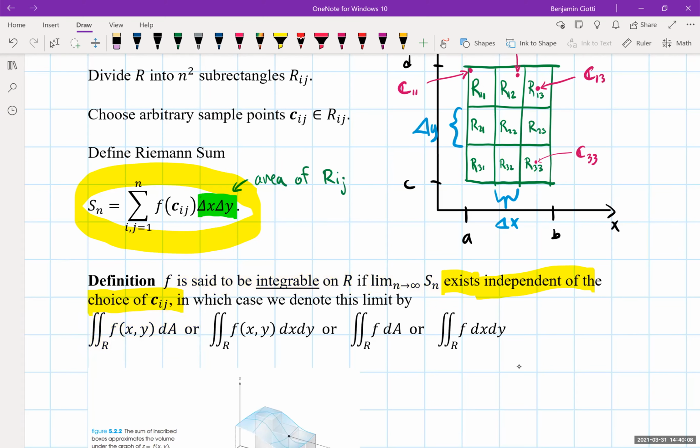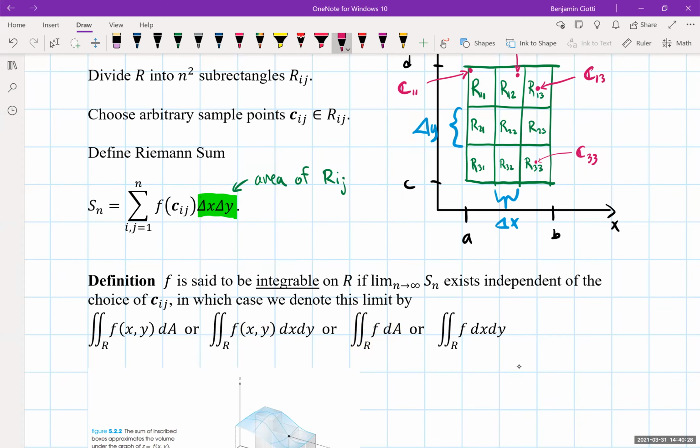There's a few different ways we write that. We might write it like this, which is the same notation we've already seen. We might write a dx dy. We might suppress the argument of f, okay?